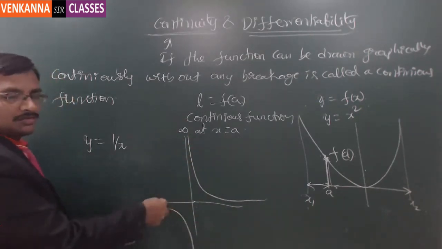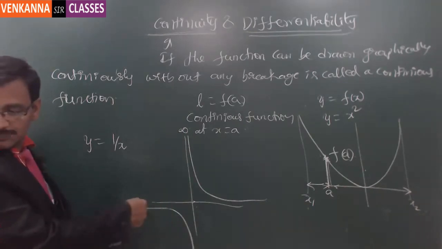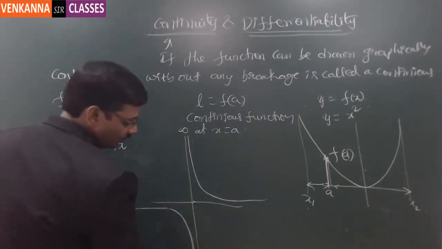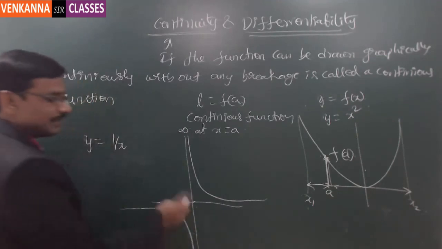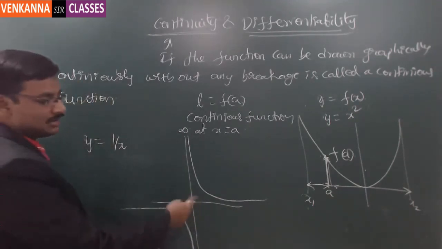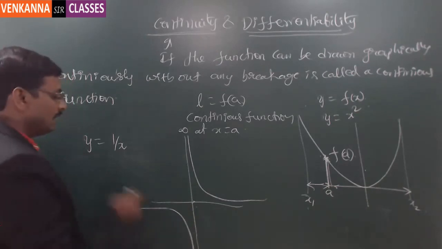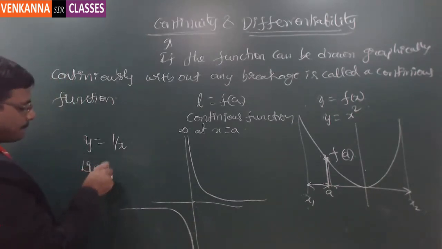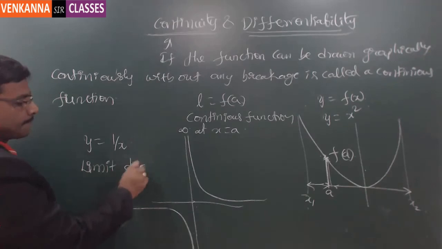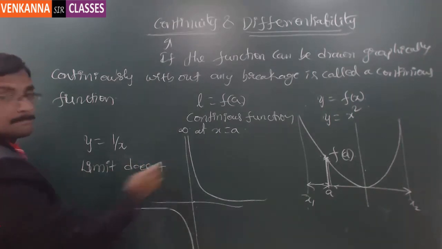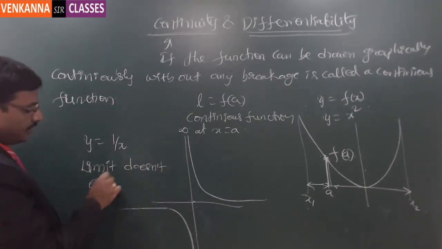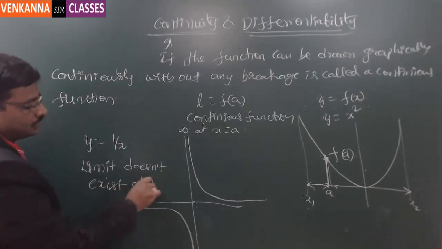Immediately on the left side, the function value is coming out to be minus infinite. Then the left side value and right side value are not matching at x is equal to 0. That means the limit doesn't exist at x is equal to 0.